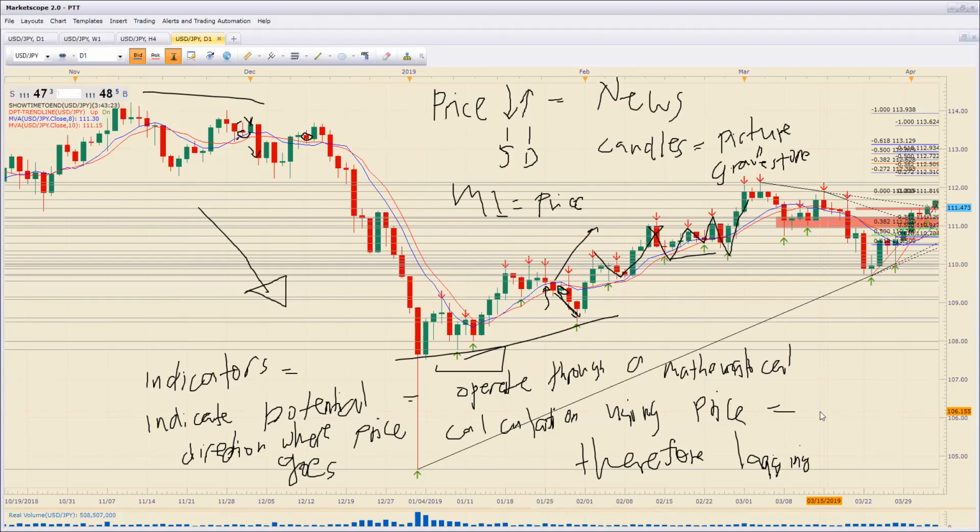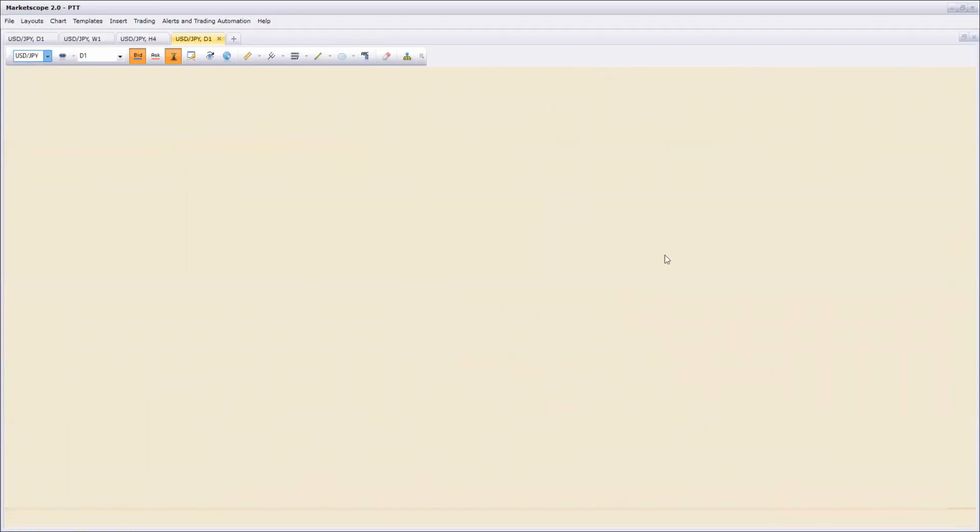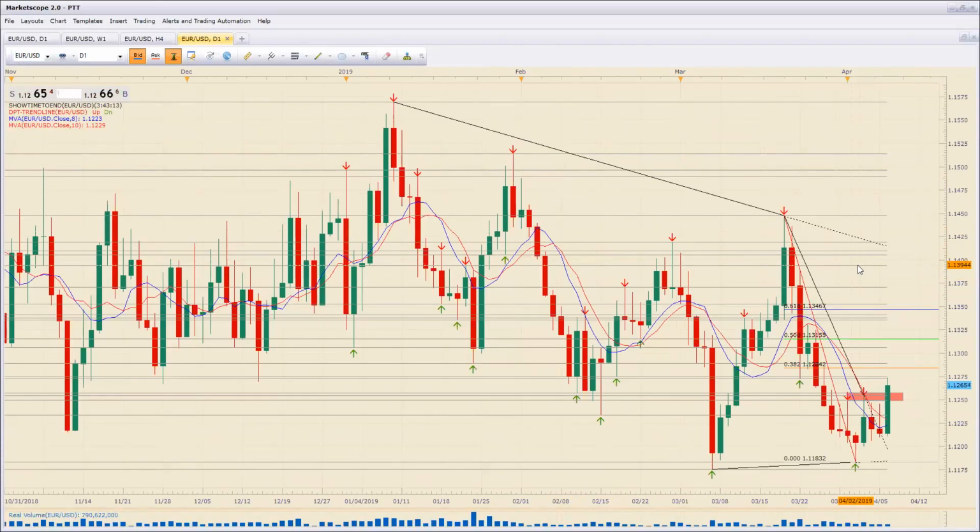So good. Another example would be if you go to Euro US dollar for me, please. Same thing, we can also argue here. You have a gravestone doji at a level of demand.